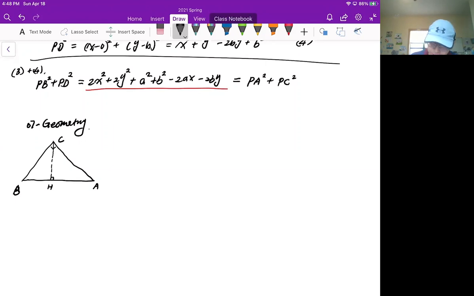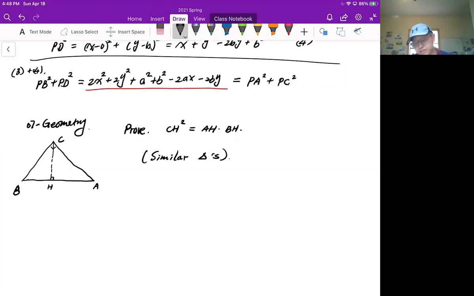Suppose I want you to prove CH squared is equal to AH times BH, right? And I'm pretty sure many of you remember that. Last semester, we used similar triangles to do it, right? So you can do the similar triangles, right?